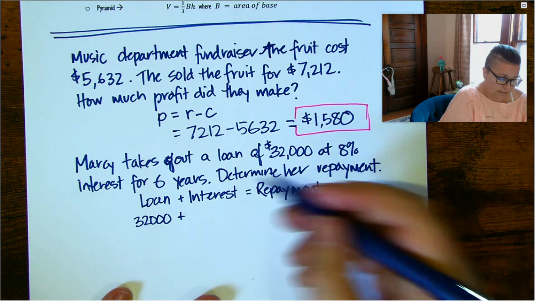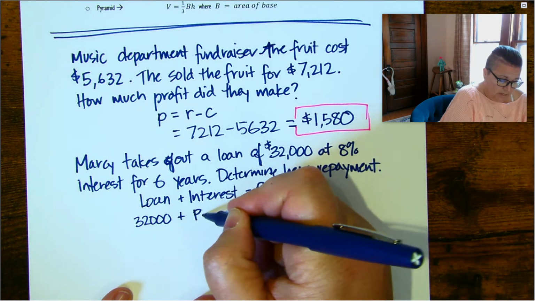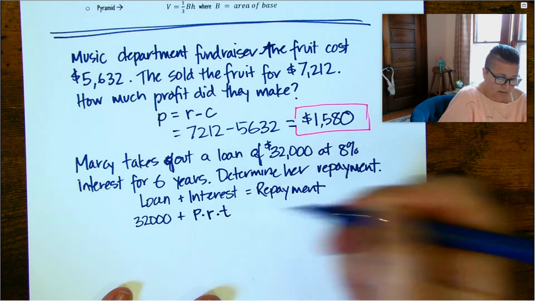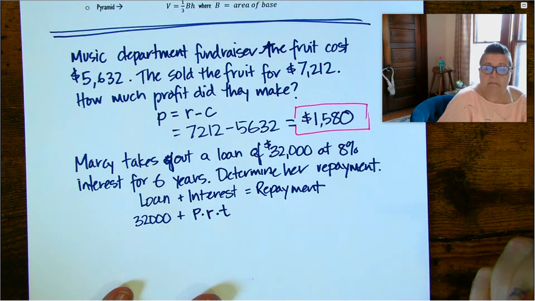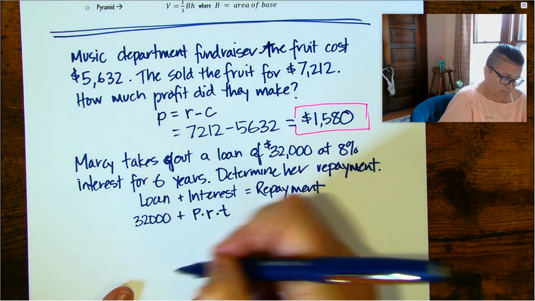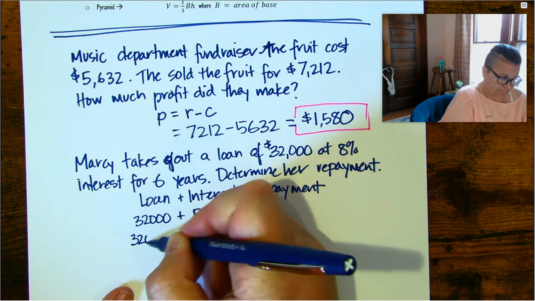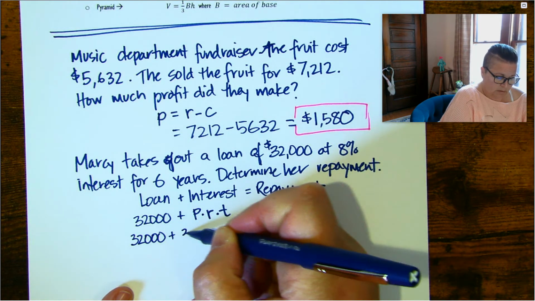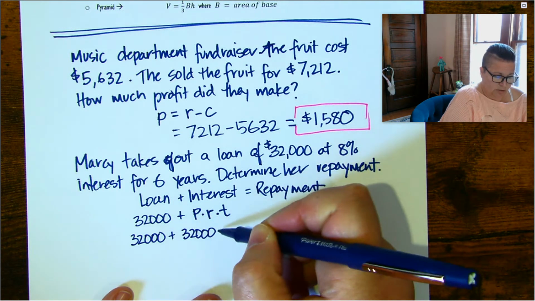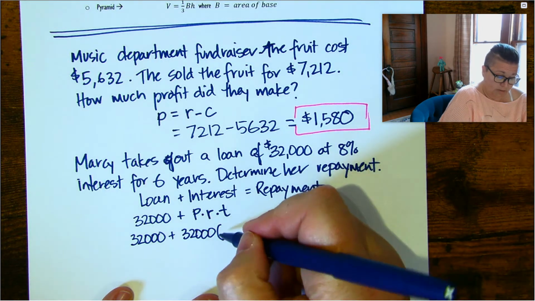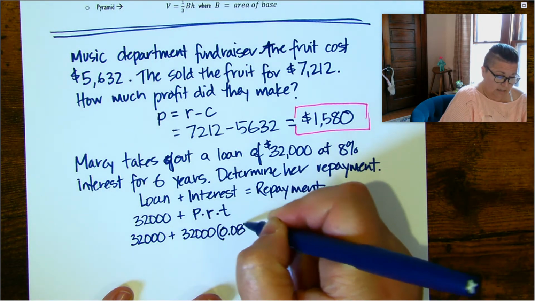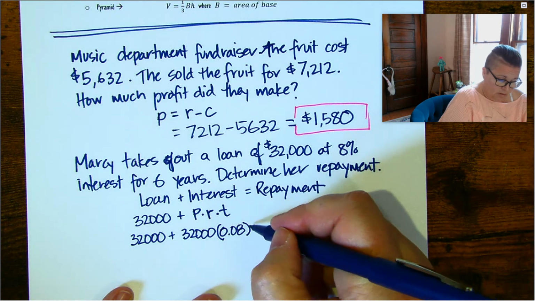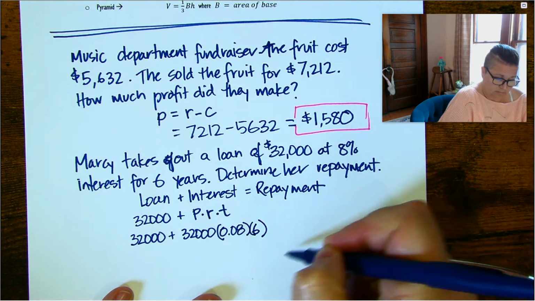Her interest is the principal times the rate times the time. Now, do we know the principal? That was $32,000. Her interest rate is 8%, 0.08, and the time on the loan in years is 6.